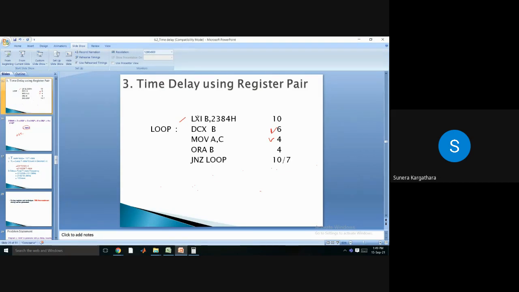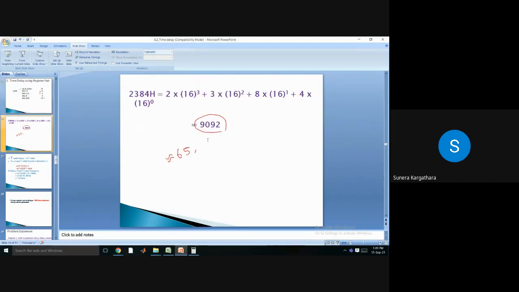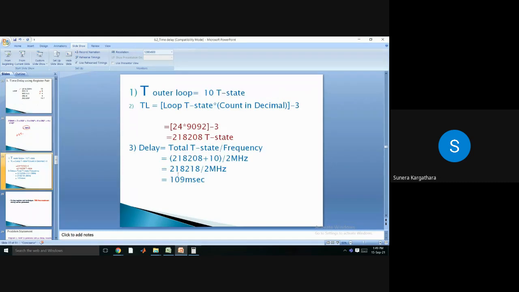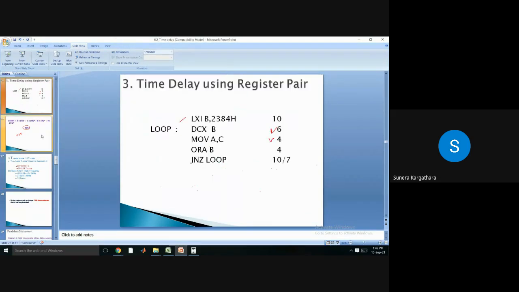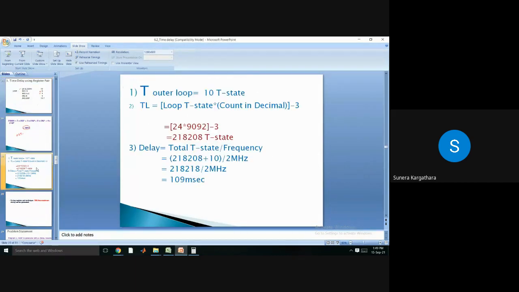If it is repeating 9,000 times and I am already getting a delay of 109 millisecond, just imagine if I repeat it 65,000 times, what can the delay be?